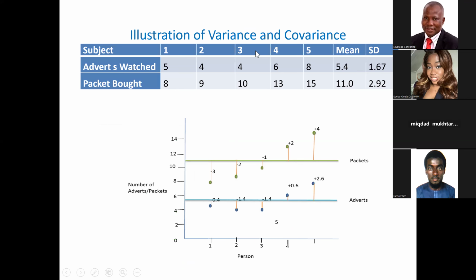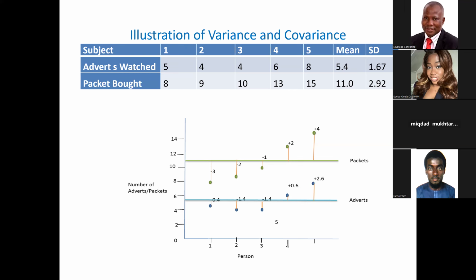This is an illustration of variance and covariance, and it will help you understand the origin of correlation. We try to see how two quantitative variables vary together: the number of adverts watched concerning a product, and the number of packets of the product bought. So we have 5 subjects.